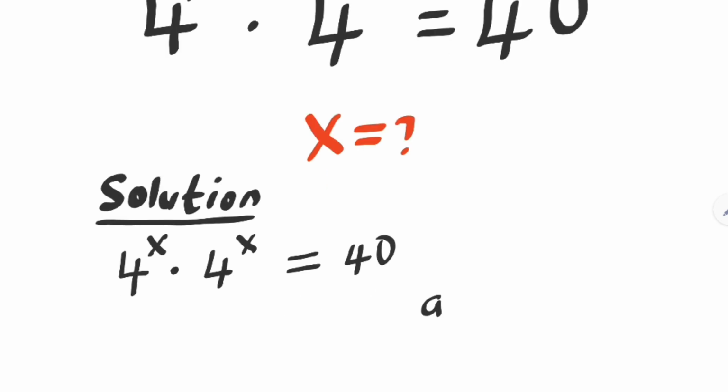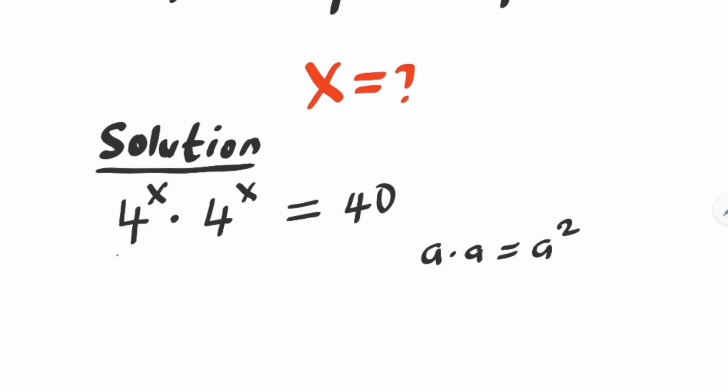If you have a multiplied by a, this is equal to a square. Then this can be written as 4 raised to power x all square is equal to 40.